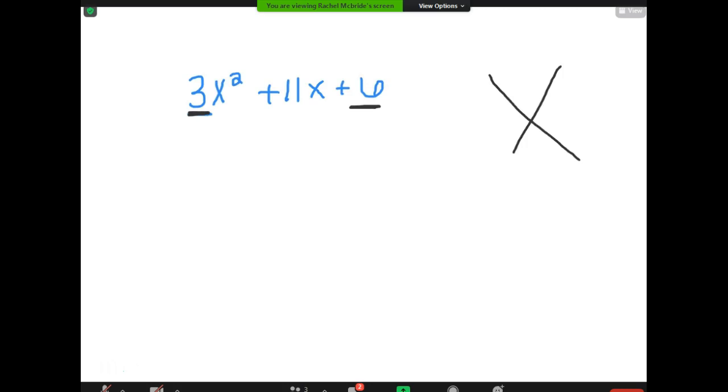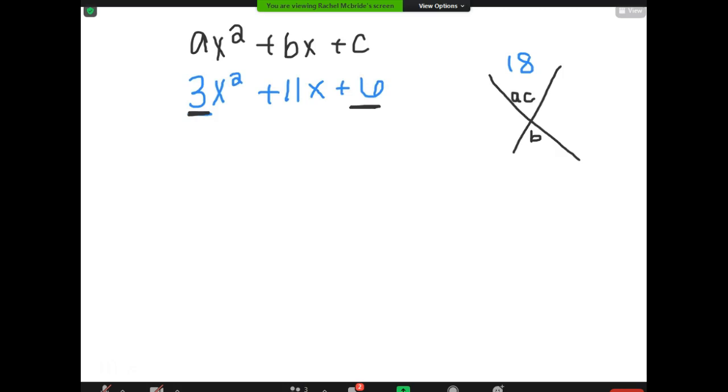So in the magic X, this is a times c, where we're talking about the standard form of a quadratic. So in this case, 3 times 6 is 18. The middle is still b.